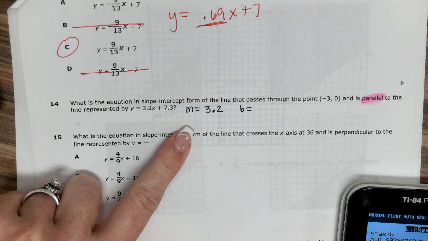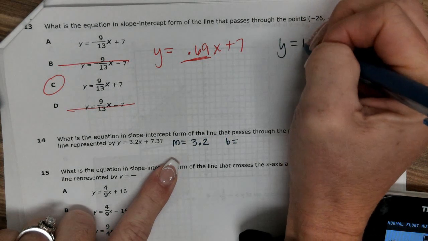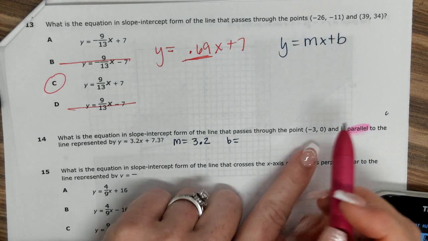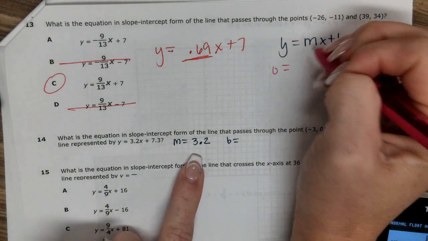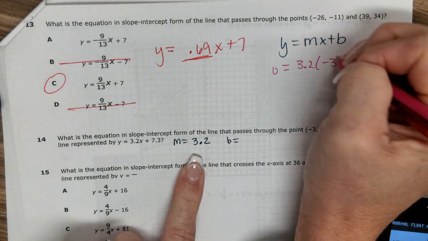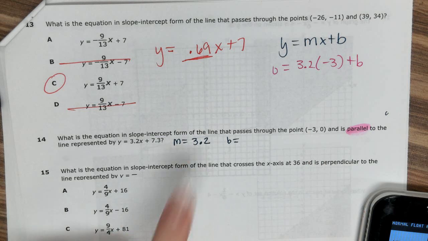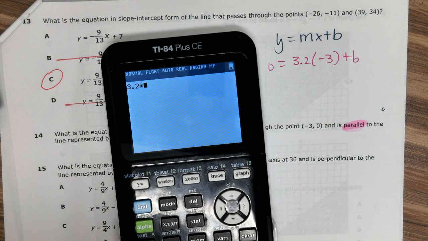So I'm going to write my equation. I'm just going to come up here to show my work because I have room. Y equals mx plus b, and I'm going to plug in for y. What am I going to plug in? 0 equals, what's my m? Times x, which is negative 3 plus b. And I'm just going to solve. So 3.2 times negative 3.